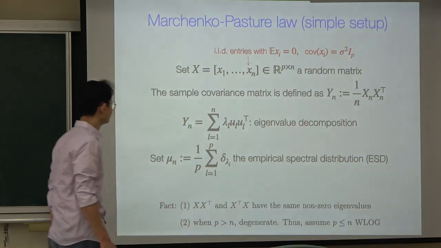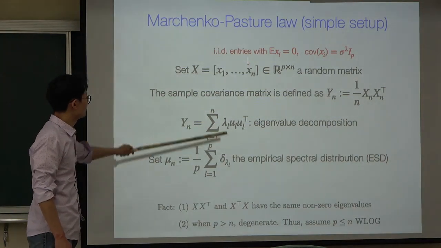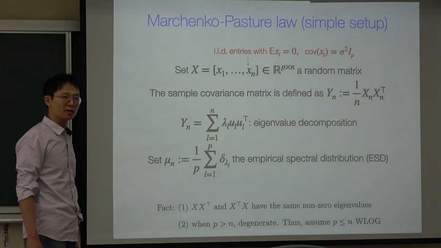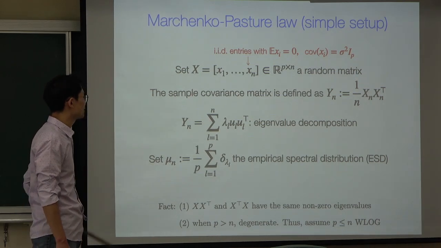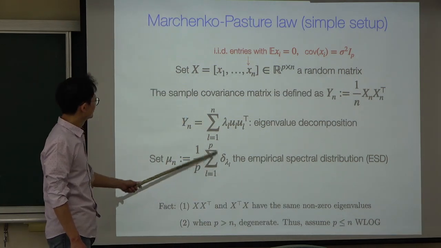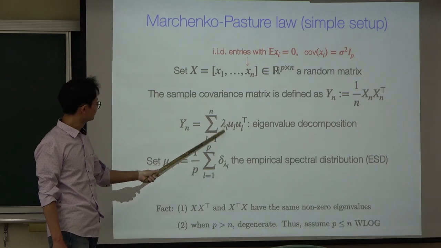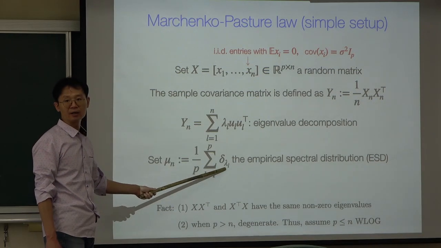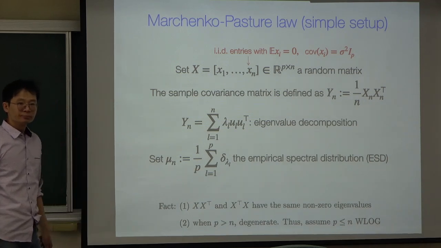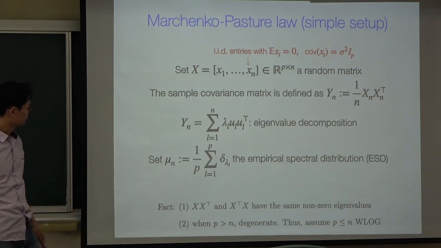Then you run the eigendecomposition and define a measure, called the empirical spectral measure or empirical spectral distribution. That is, for all eigenvalues lambda_l, you put a delta measure at lambda_l, sum all of them, and divide by p.